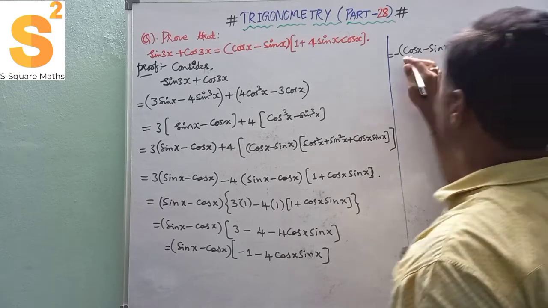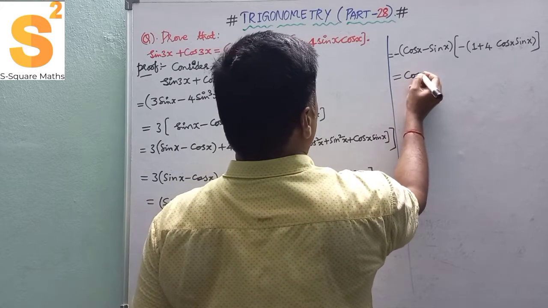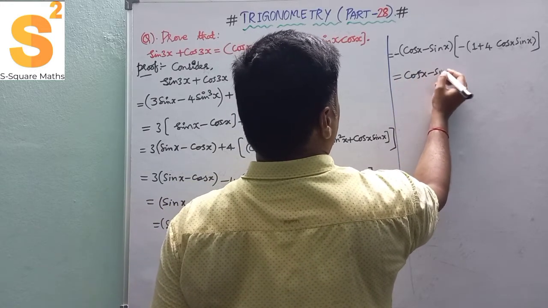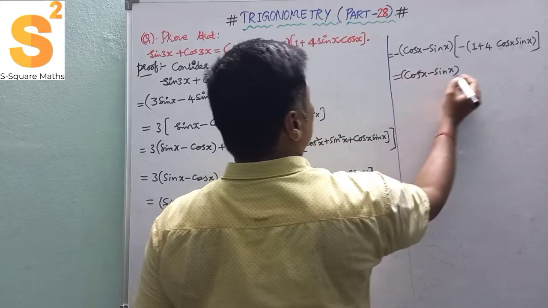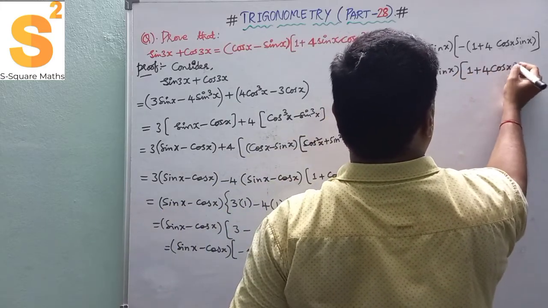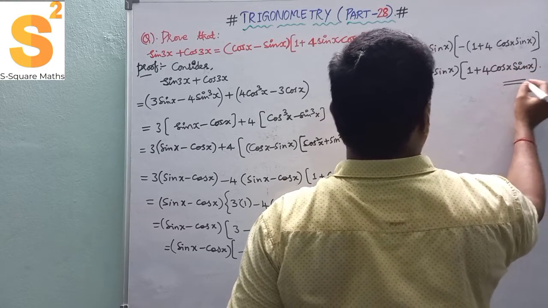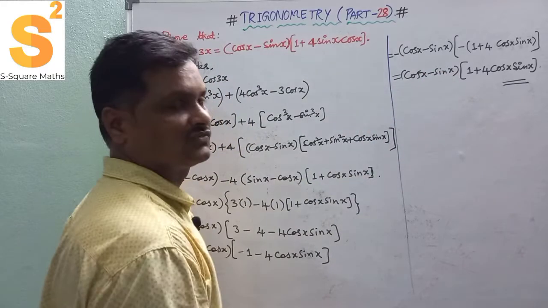In the next step, minus into minus is plus, nothing but finally I am going to get here cos x minus sin x into 1 plus 4 cos x into sin x. So this is our result if you observe carefully.